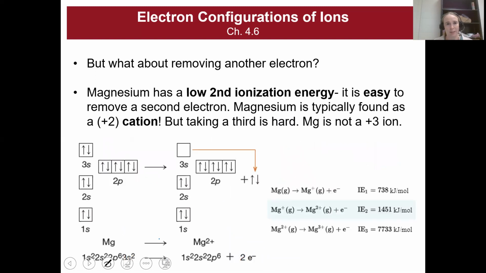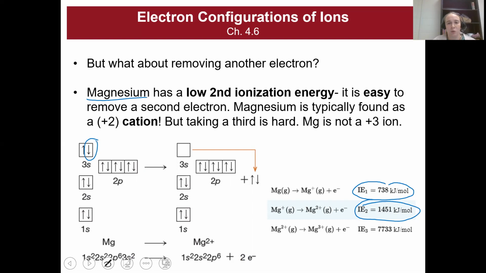All right, now let's consider something else. Magnesium, on the other hand, has a low second ionization energy. We can look here: we've got ionization energy 1, ionization energy 2. We'll talk about ionization energy 3 in a second. So it's easy to remove that second electron. It's not especially easy to remove just one of these because it doesn't change the energy very much.